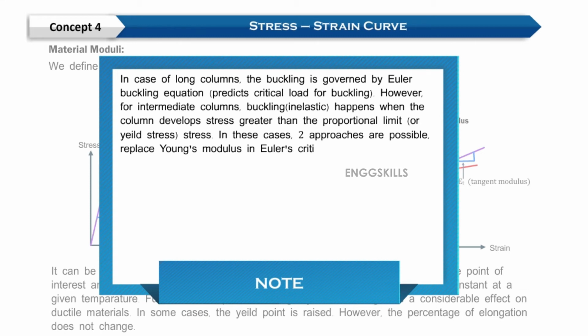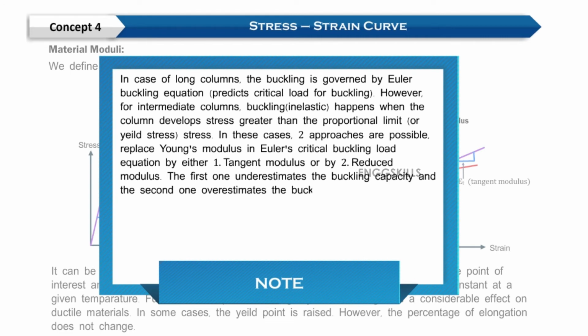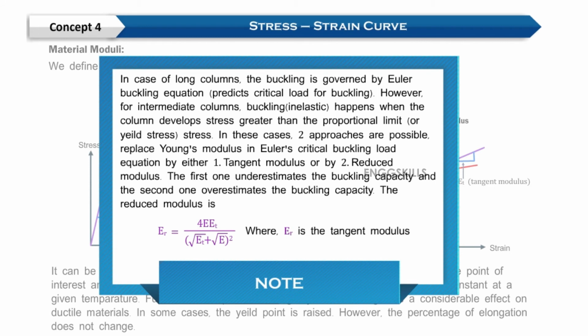Replace Young's modulus in Euler's critical buckling load equation by either the tangent modulus or the reduced modulus. The first one underestimates the buckling capacity and the second one overestimates the buckling capacity. The reduced modulus is given as follows.